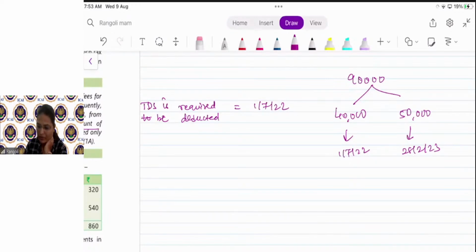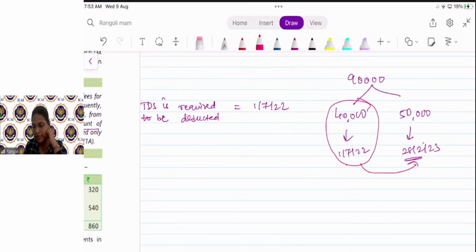But on this 40,000 rupees, TDS is required to be deducted on 1/7/22, but actually it was deducted on 28/2/23. Yes or no? So here there is late deduction of TDS. Is there any late deduction of TDS? Yes. On 40,000, TDS is required to be deducted on 1st July, but actually the TDS was deducted on 28th February 23. So there is late deduction of TDS.